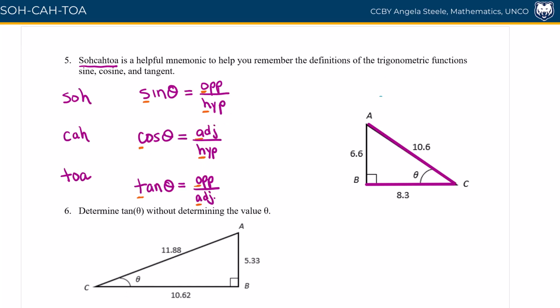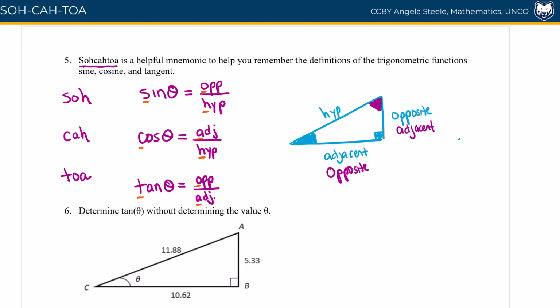And so this mnemonic right here becomes super helpful when we have a triangle that doesn't quite necessarily fit that vertical and horizontal. So if we had this triangle right here, and this is our 90-degree angle, we know that this side is going to be the opposite, but if we look at it from the circle perspective, it's sometimes hard to know which side is the vertical distance, which side is the horizontal distance.